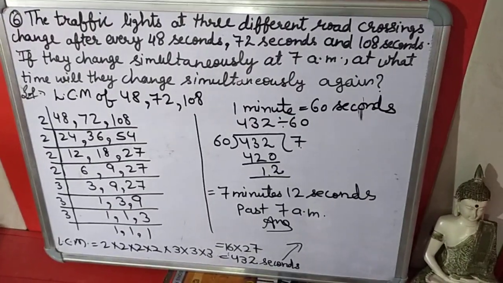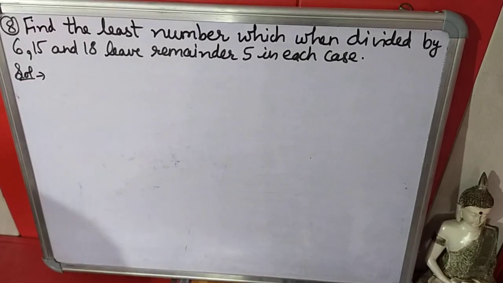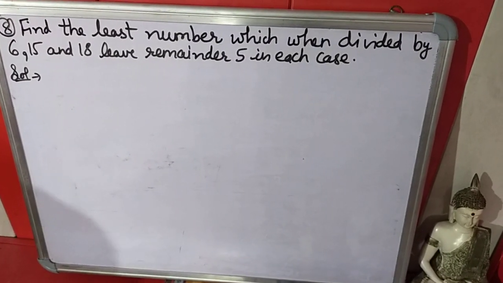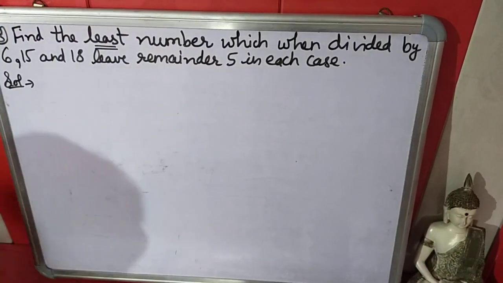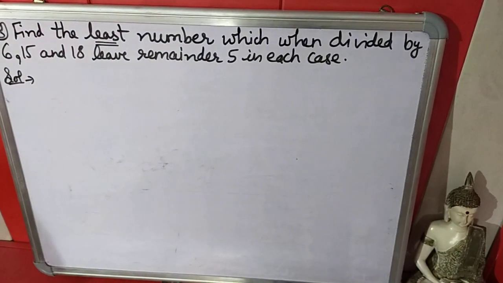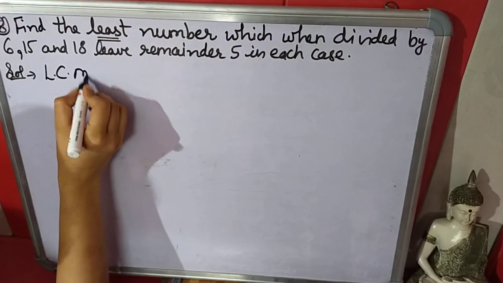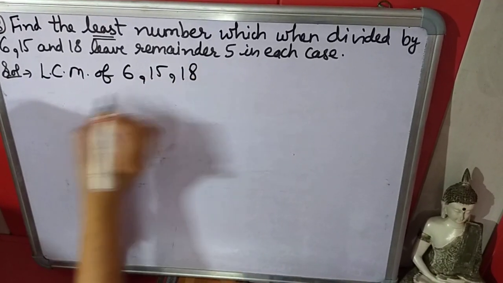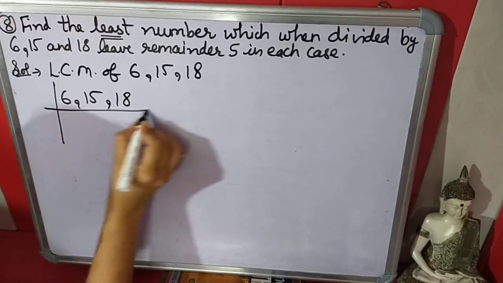8th question. Find the least number which when divided by 6, 15 and 18 leaves remainder 5 in each case. He is asking for the least number, and for least we have to find LCM. So LCM of 6, 15 and 18. We will take LCM.